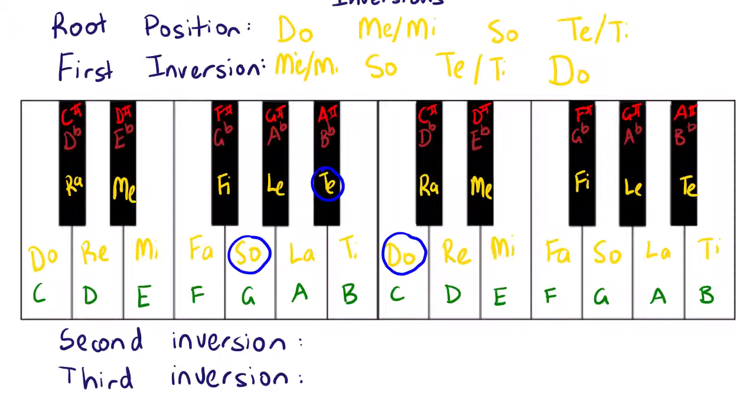For a second inversion chord, we go so, te or ti, do, and then me or mi.